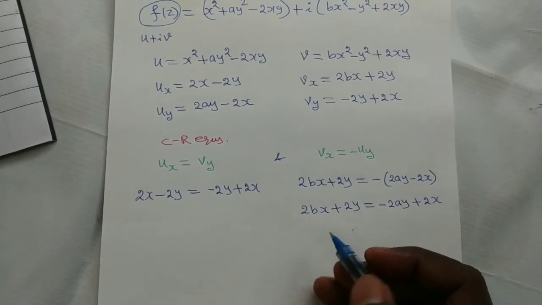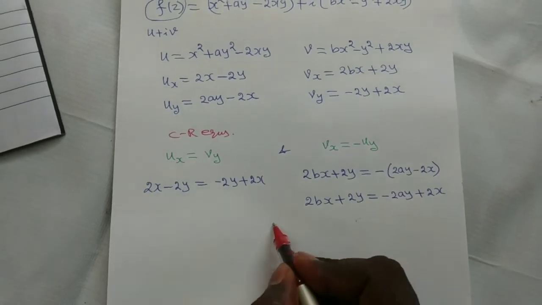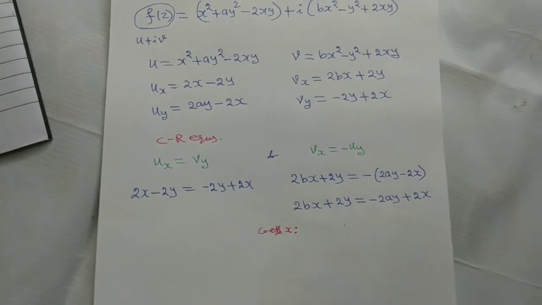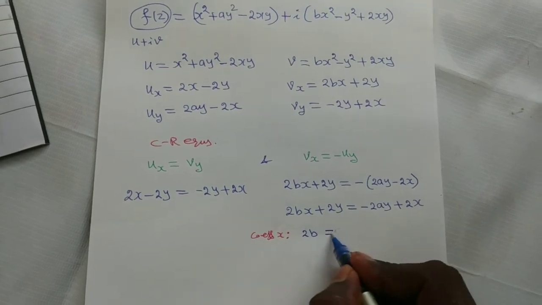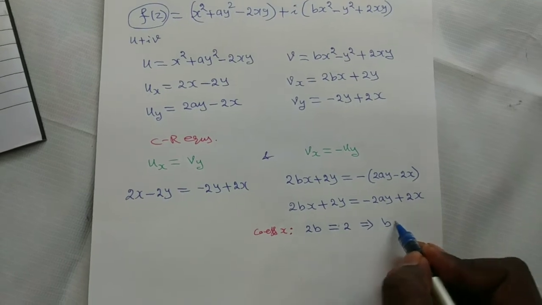Now comparing the coefficients of x and y. First I am going to compare the coefficient of x. What is the coefficient of x here? 2b is equal to the x coefficient, which is 2. From this b is equal to 1.